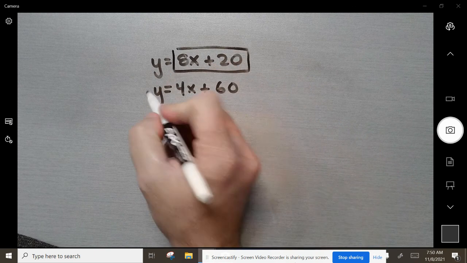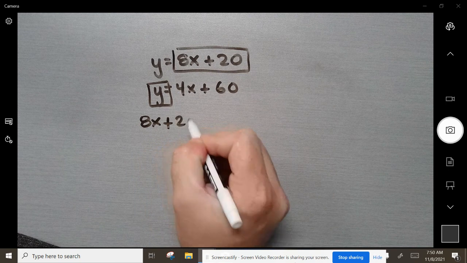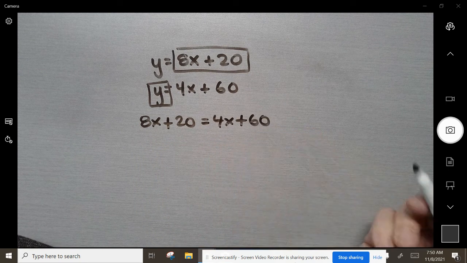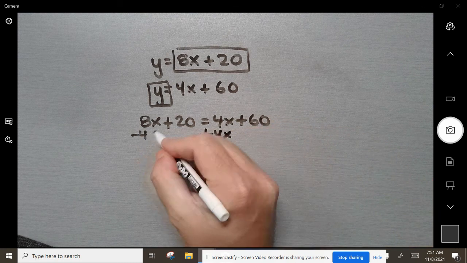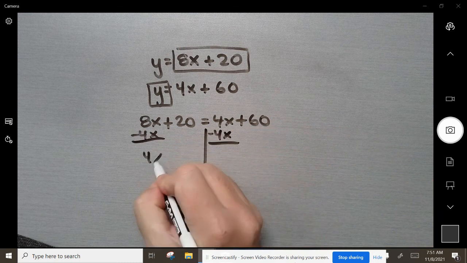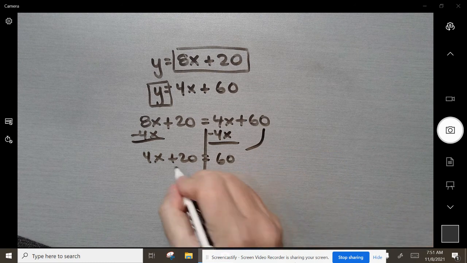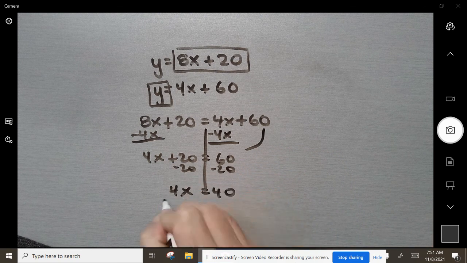All right, now let's go ahead and solve this. 8x plus 20, 4x plus 60. We're going to subtract 4x. 4x plus 20 equals 60. Subtract 20. 4x equals 40.